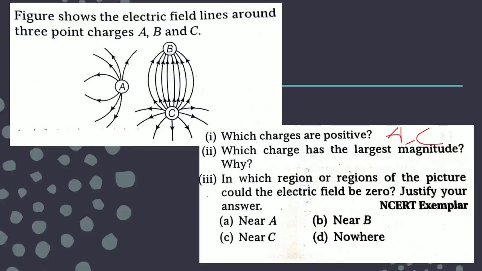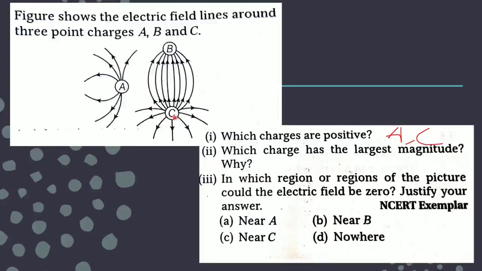And which charge has the largest magnitude? Of course C, because more lines are coming from C. And next you have to answer where you are going to find the neutral point. Neutral point means where the electric field is 0.